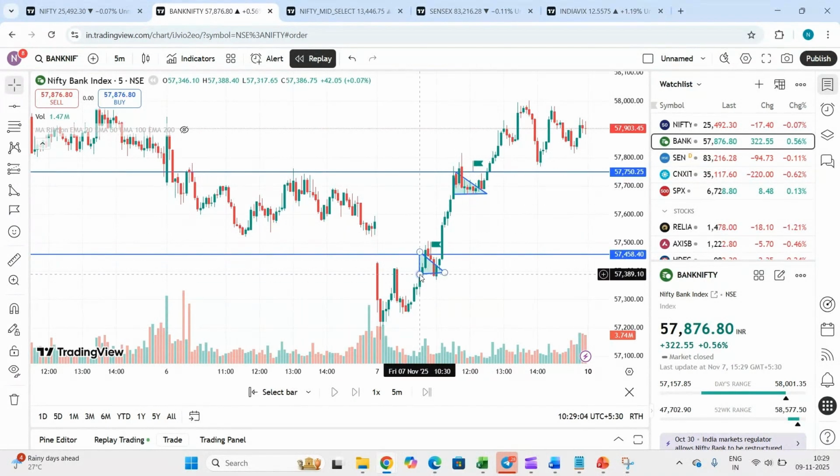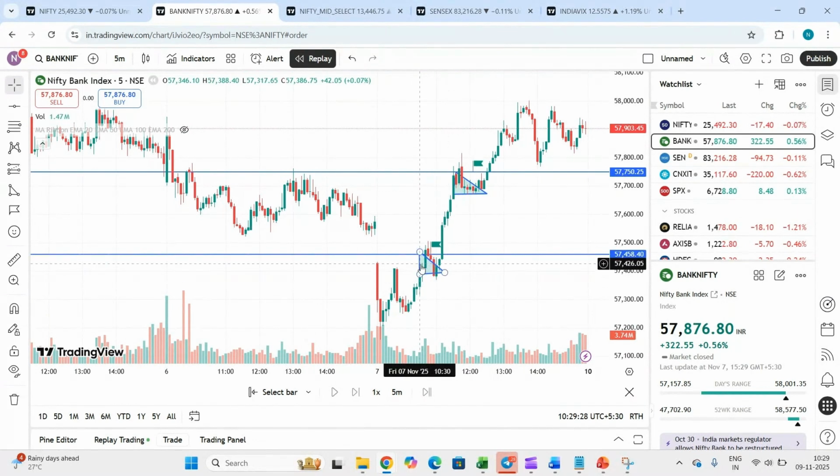So here in Bank Nifty, you can see that last Friday Bank Nifty went for a bigger dip in the morning. After that, it tried to move up, then it came down. Thereafter, it formed bullish candlestick patterns. Then I saw a flag formation happening in Bank Nifty in the 5-minute chart.